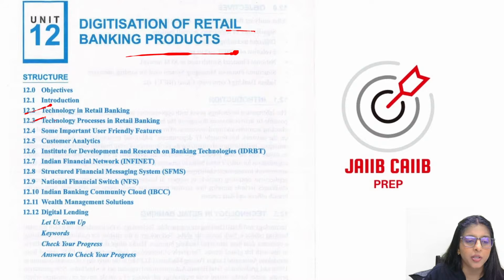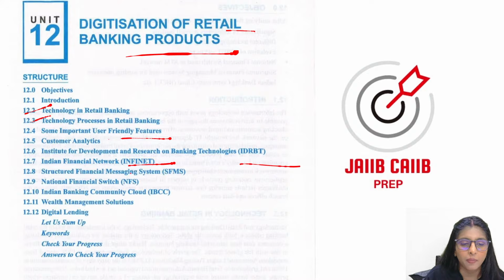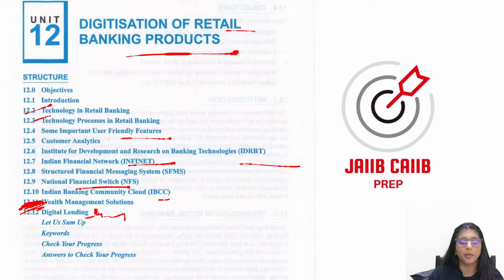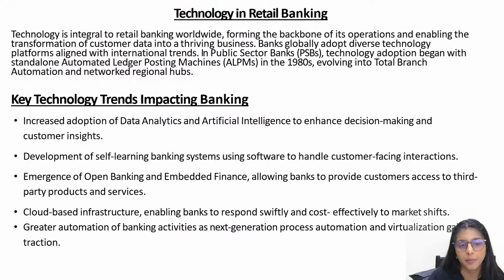Technology process in retail banking. Some important user friendly features. IDRBT, Indian Financial Network, Structured Financial Messaging System, National Financial Switch, Indian Banking Community Cloud, wealth management solutions, digital lending. It's quite important. All these are some of the key areas which will be covered.